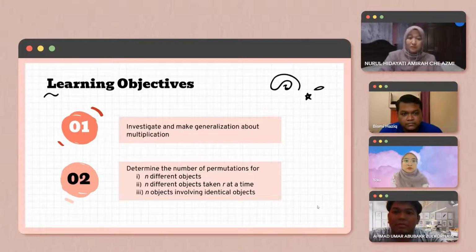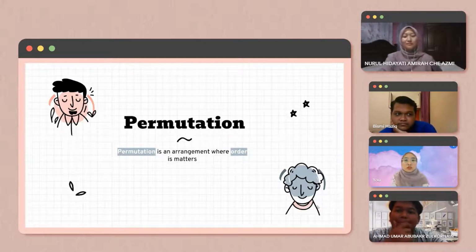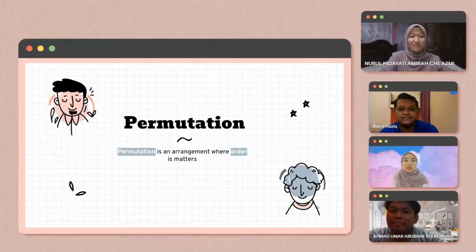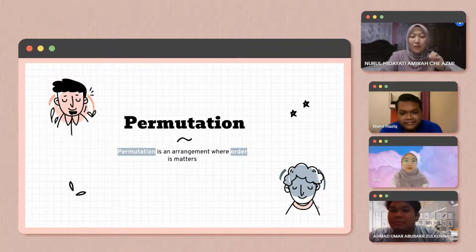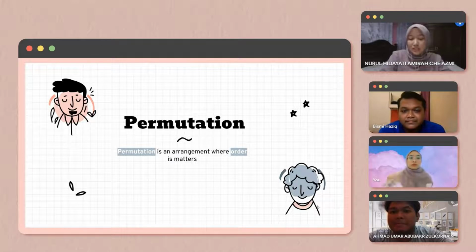Okay, so what is permutation? Like I said just now, permutation is an arrangement where order matters. What does it mean by order matters? It is important to know the order, like A, B, C, D, 1, 2, 3. For permutation, arrangement is very important because we will calculate each of it. Let's say we have the word teacher.